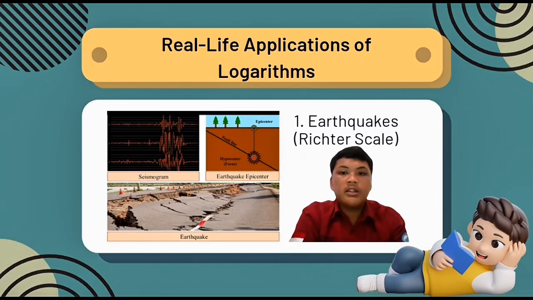For example, a magnitude 6 earthquake is 10 times stronger than a magnitude 5 in shaking level and releases about 31.6 times more energy. Logarithms make it easier to compare extremely powerful natural events.